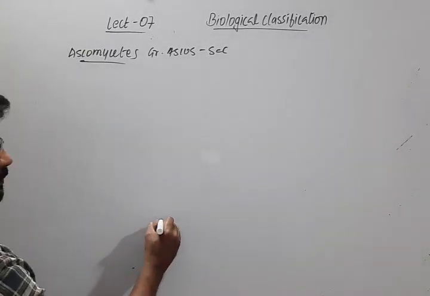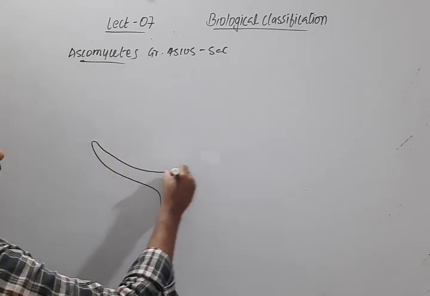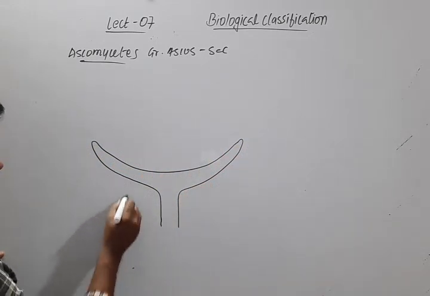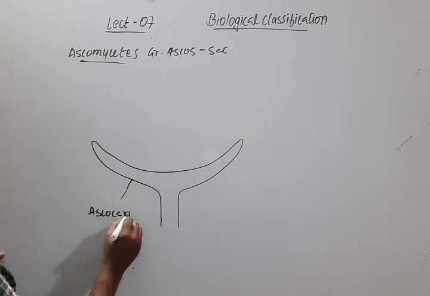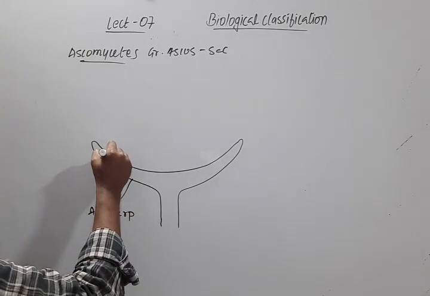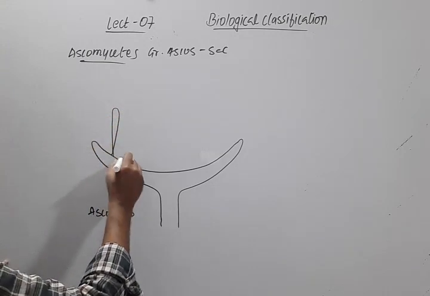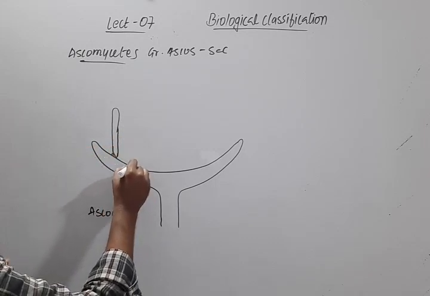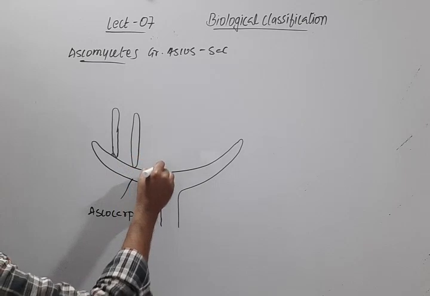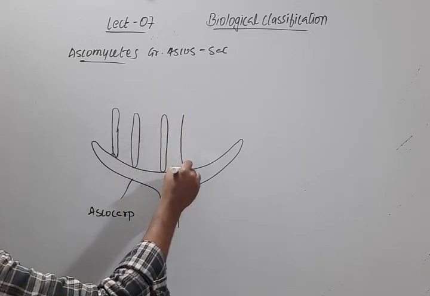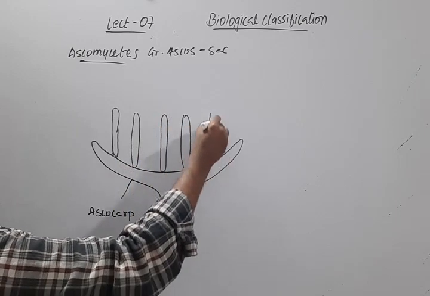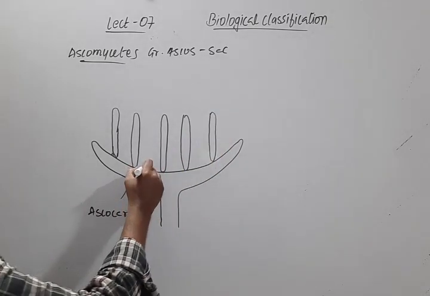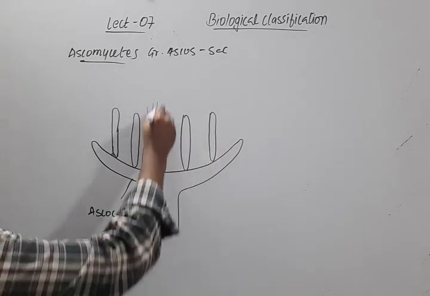This is the fruiting body, called the ascocarp, and it has some intervening structures.